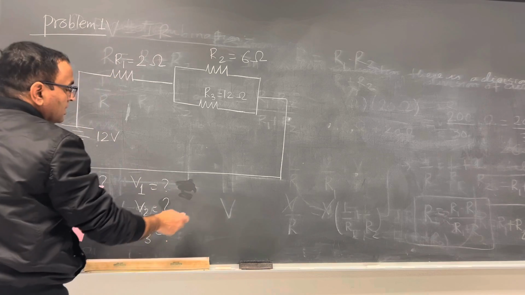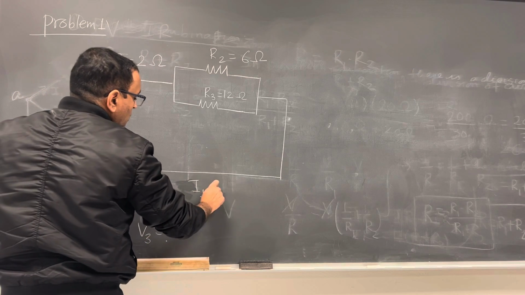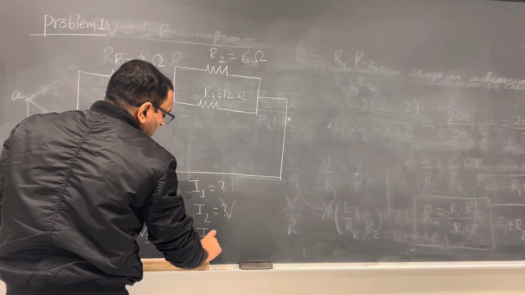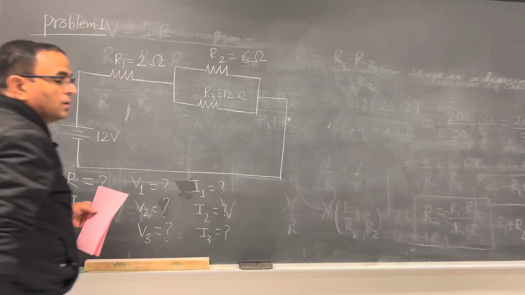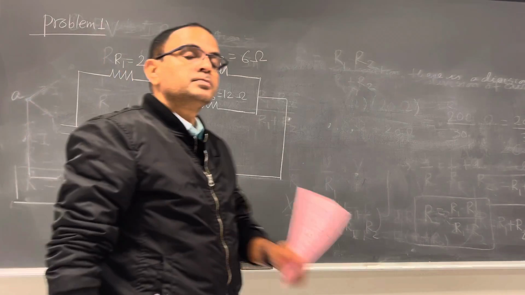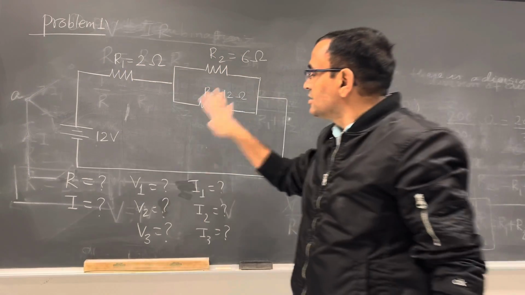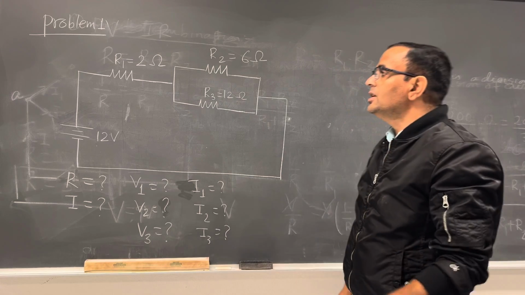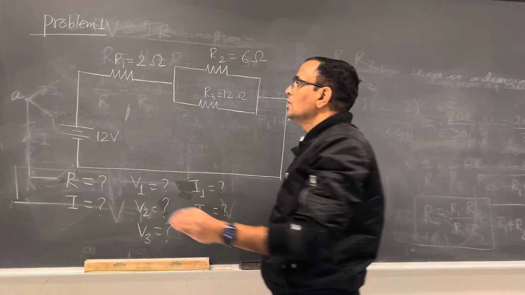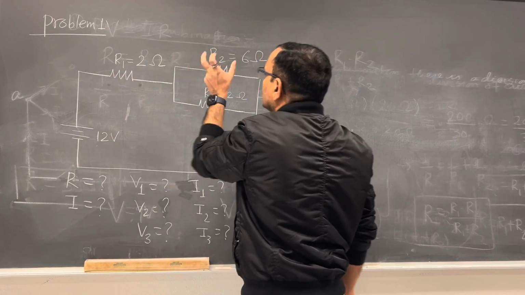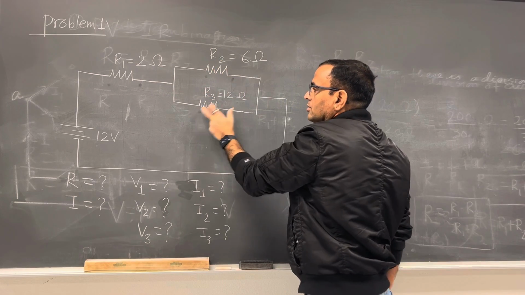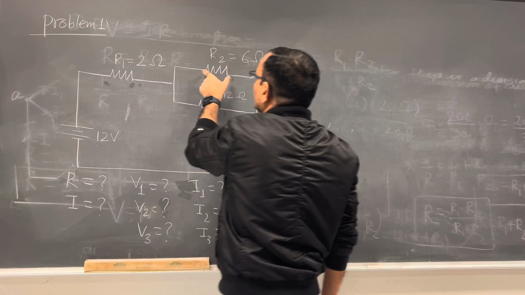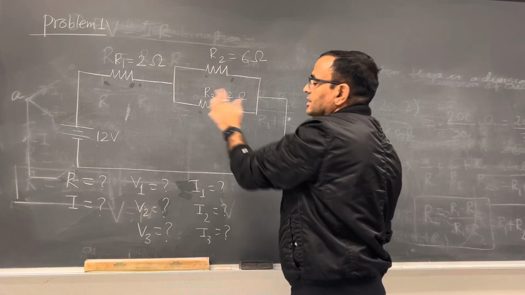And you can also calculate what is I1, what is I2, what is I3. Okay, so you have a circuit. We have to analyze this circuit. Analyzing the circuit means simply we have to calculate the voltage here, the voltage there, the voltage here, and then we have to calculate the current here, the current there, and the current here.